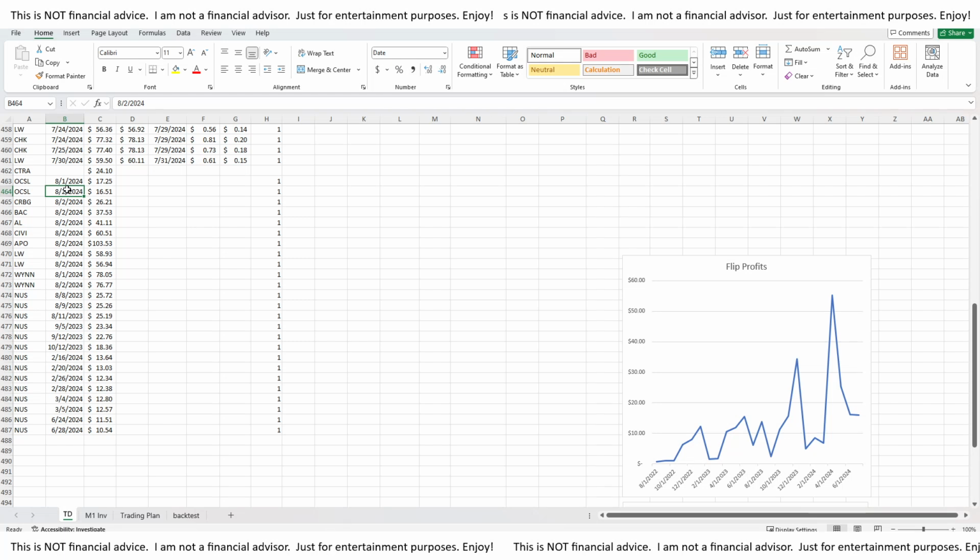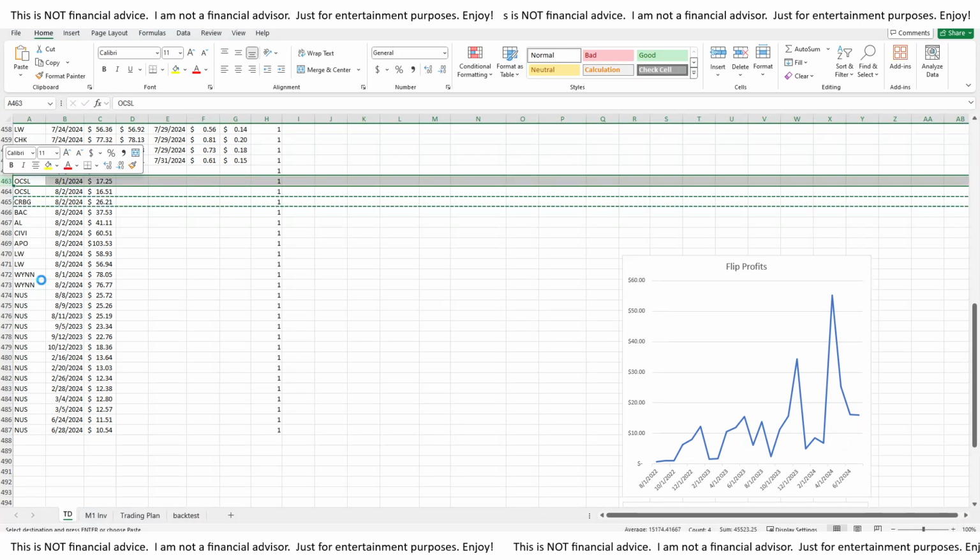All right, I think I got it wrong, didn't I? 24.11 is what I thought. Looks like I got this one in the wrong spot too. So we have 2 shares of this. And this sets us up for our reverse snowball in the next run. See?